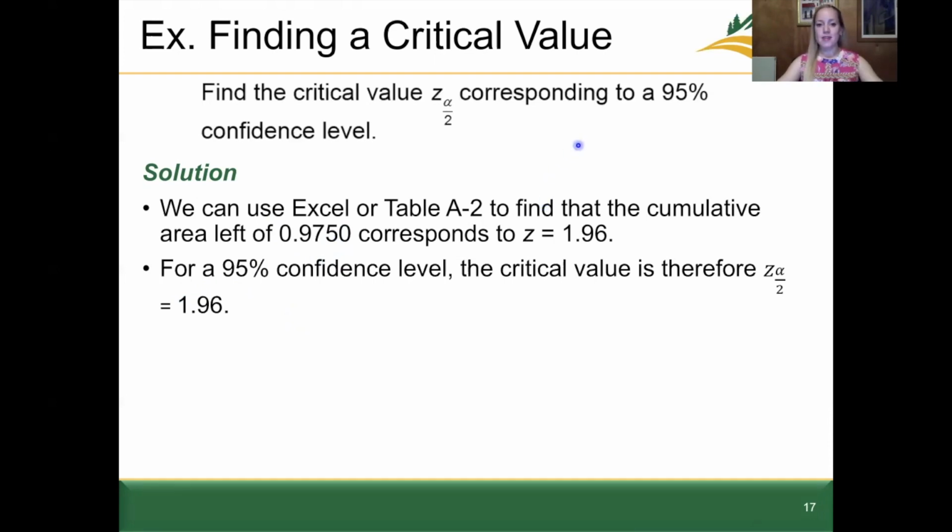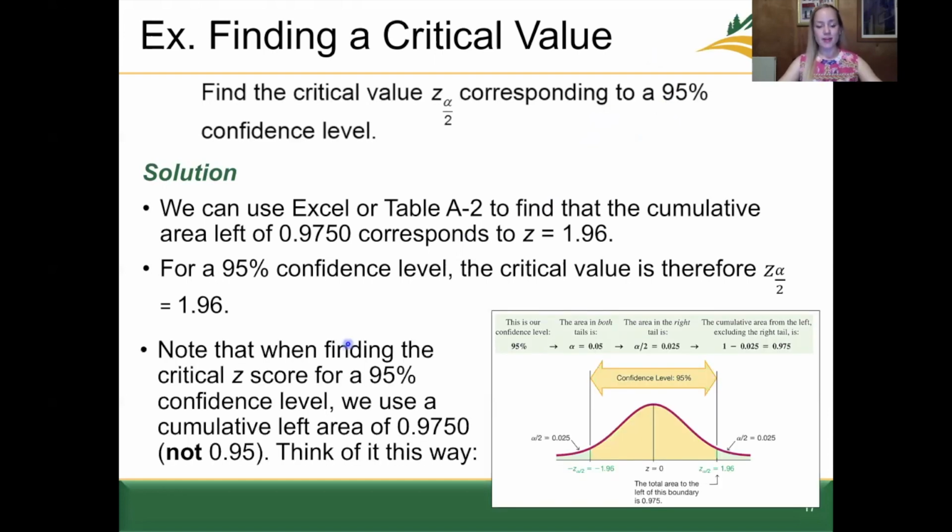Coming back again to a wrong way to interpret the meaning of a 95% confidence level, when we're finding the critical value or we're finding that z subscript alpha over 2, we're finding a z-score. When we're finding a critical z-score for a 95% confidence interval, we use a cumulative area from the left of 0.9750.